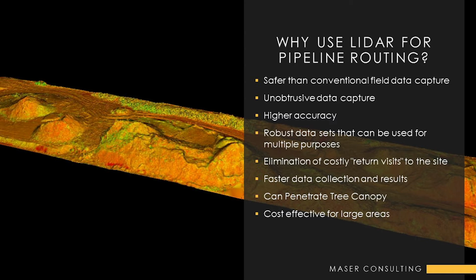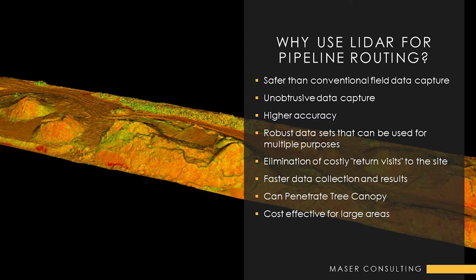The second advantage of LiDAR, and this one is more in comparison to photogrammetry, is that we can penetrate tree canopy. If you are solely trying to use aerial photogrammetry to do these projects, if we can't see the ground in the photos, we can't extract ground data.